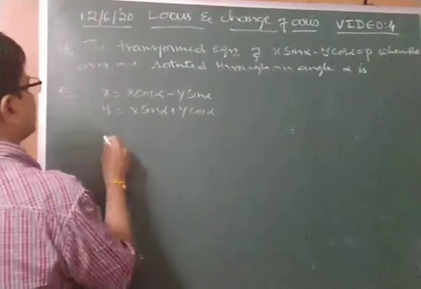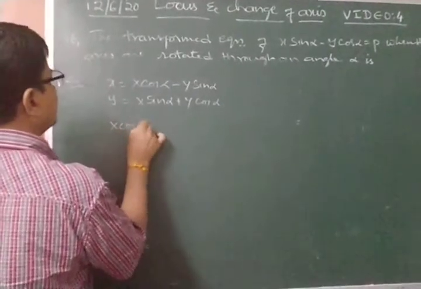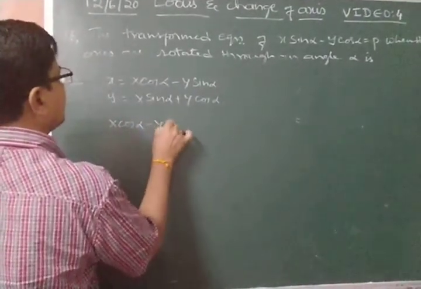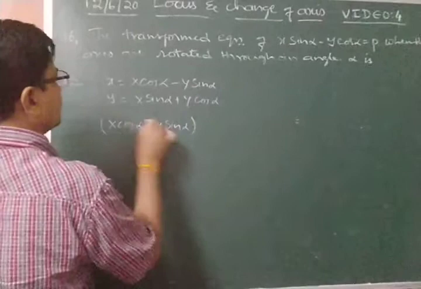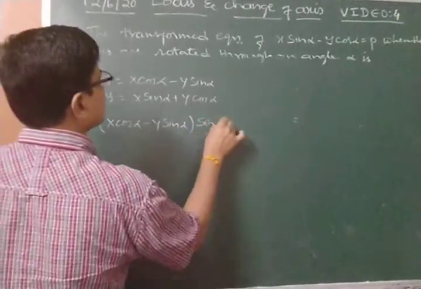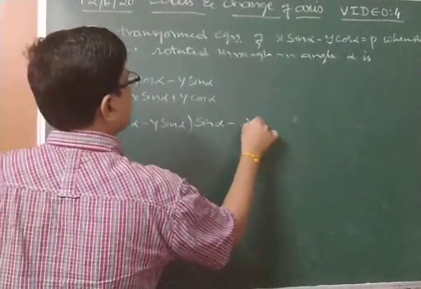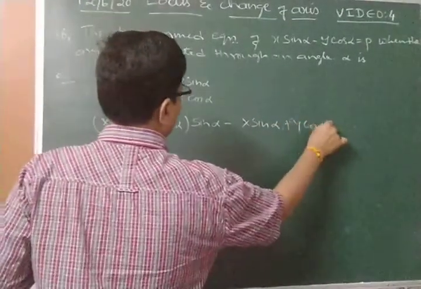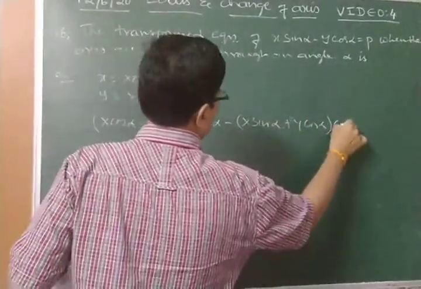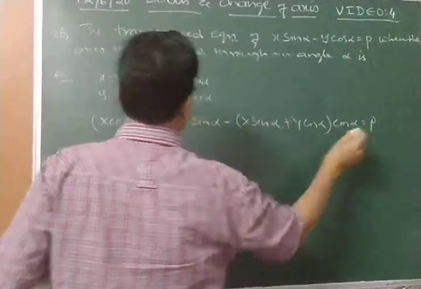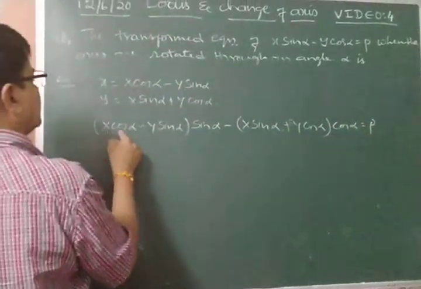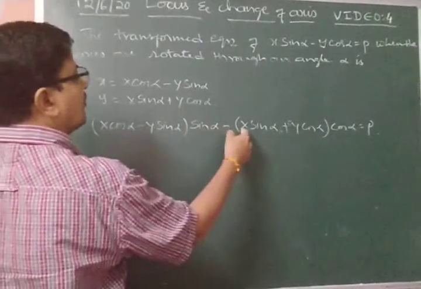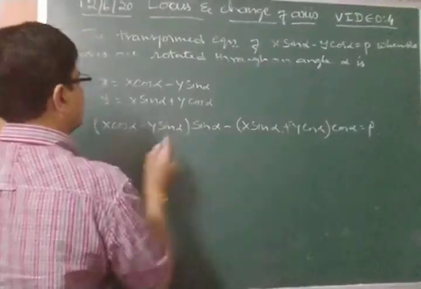So (X cos alpha minus Y sin alpha) into sin alpha minus (X sin alpha plus Y cos alpha) into cos alpha is equal to p. Now X cos alpha sin alpha minus X sin alpha cos alpha is cancelled.